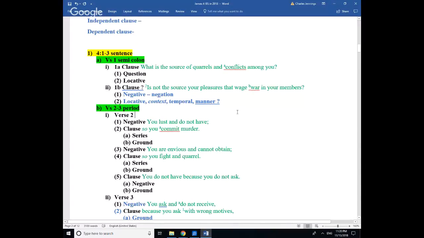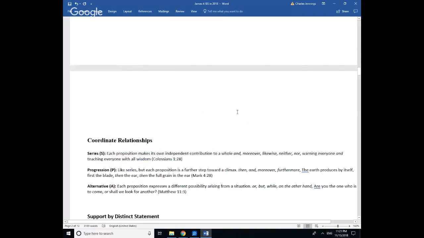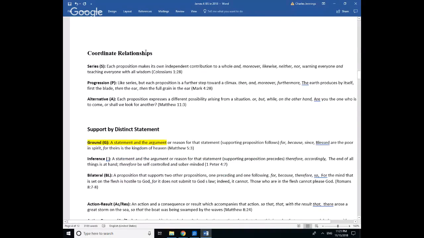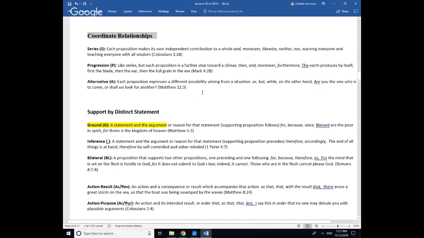But what we're going to be working on is we're going to try to find all the coordinate relationships, okay? So when we see series, progression, and alternative, we're not going to move things around, but we're going to rewrite it as saying coordinate by series, coordinate by progression, coordinate by alternative, okay?